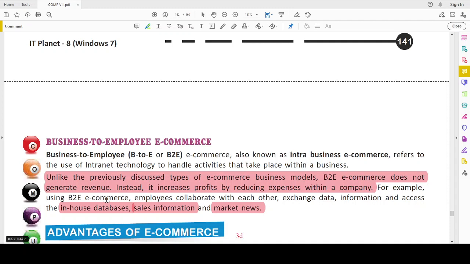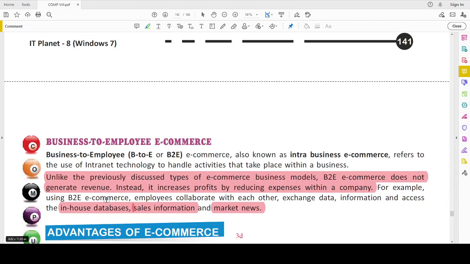For example, they might be taking their raw materials from 100 kilometers away from their production house. But after analyzing data, after market research, they found that they can also buy it from a nearby location, which is just 10 kilometers away.